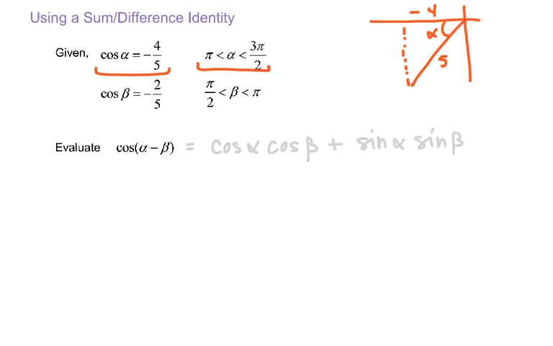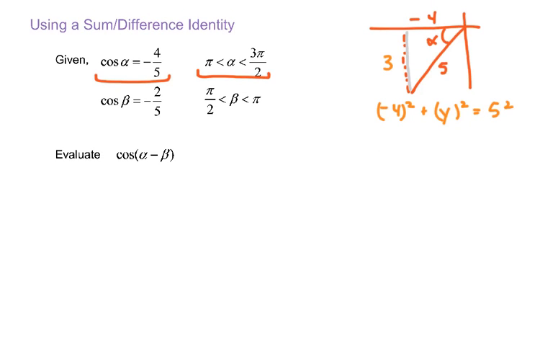Now I can calculate the vertical side using the Pythagorean theorem: negative 4 squared plus y squared equals 5 squared, so 16 plus y squared equals 25, or y squared equals 9.